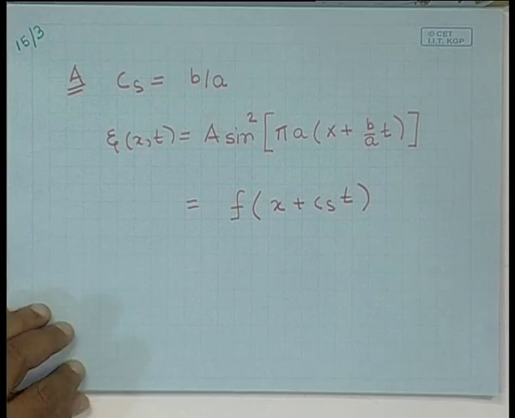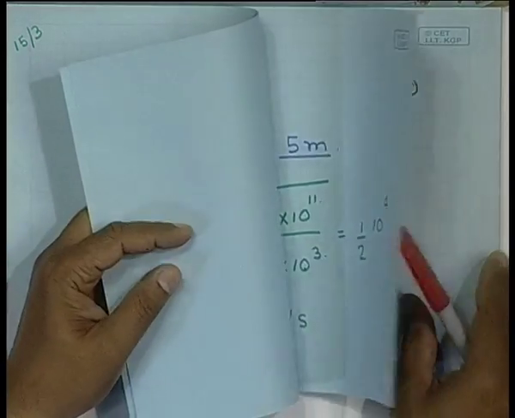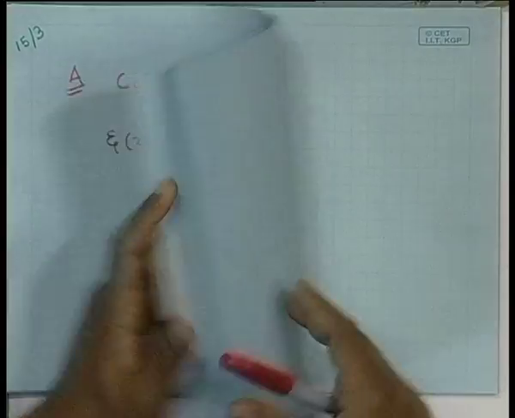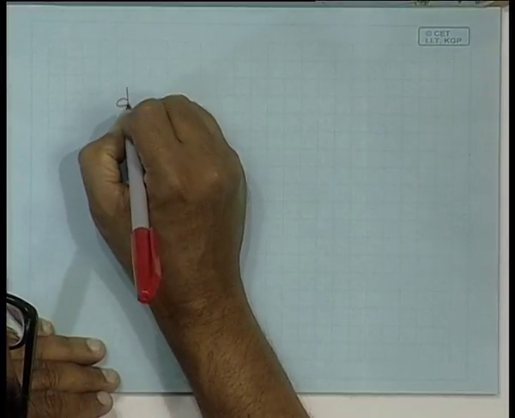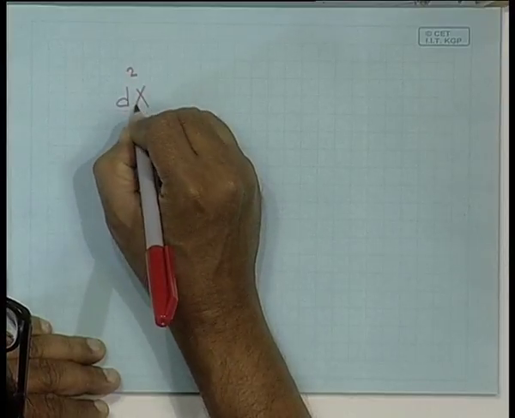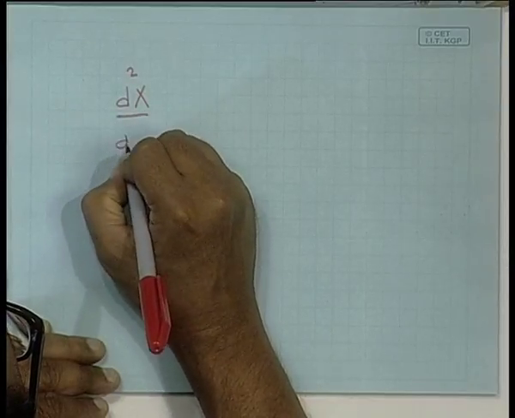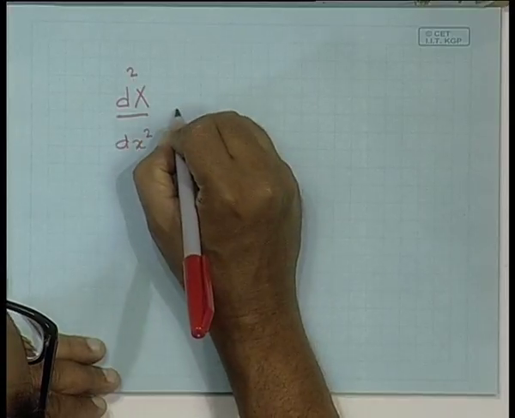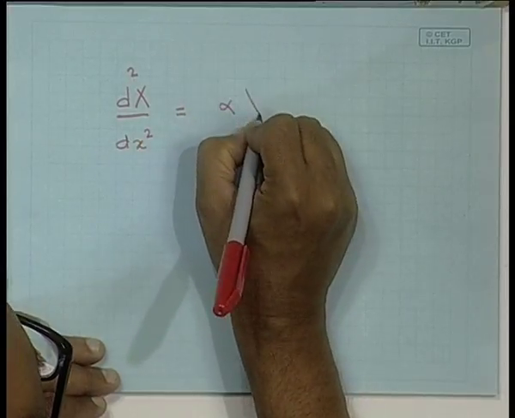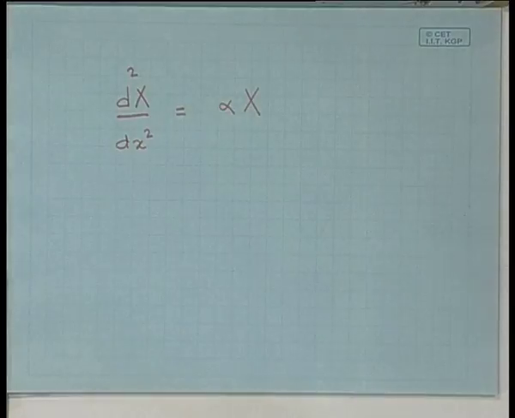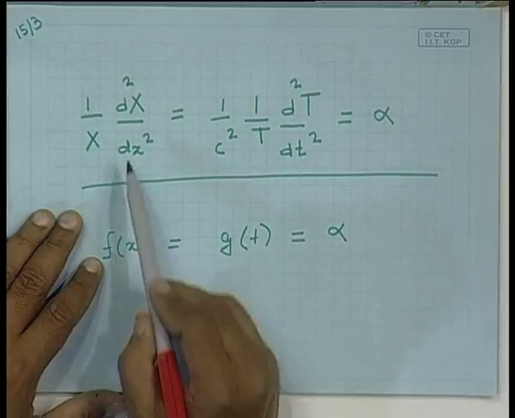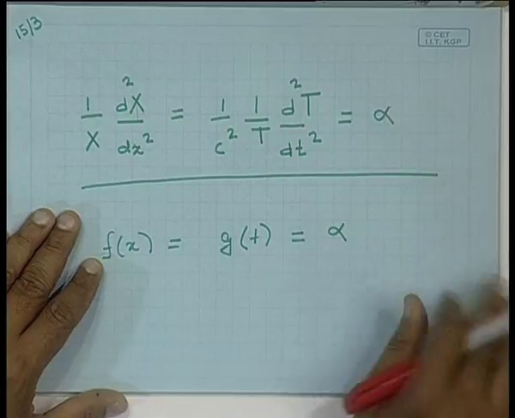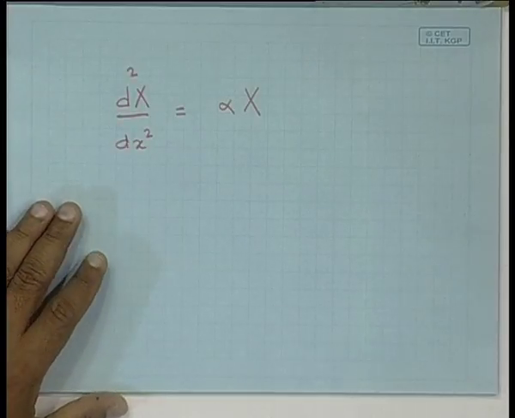So, let me write down the equation that we are trying to solve. Right. So, this is the equation that we are trying to solve. We are looking at only the spatial part, which is that this should be equal to this, which is what I have written over here.